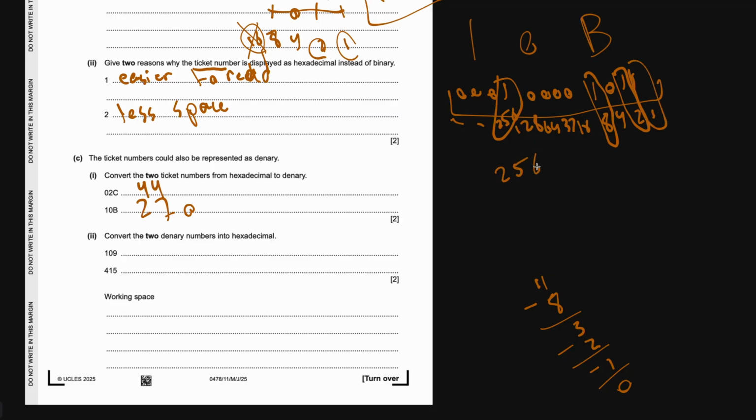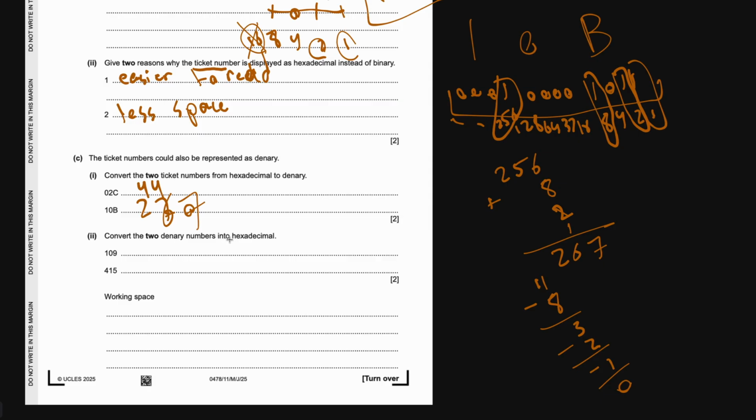So 256 plus 8 plus 2 plus 1. If we add these four numbers, we would get 267. Okay, 267. And that is our answer.